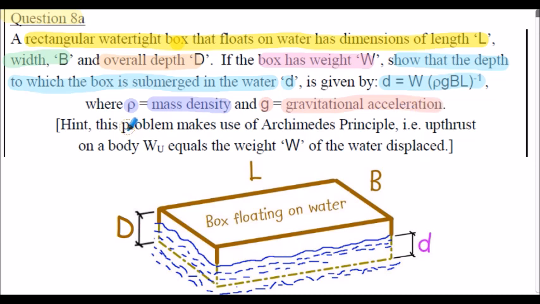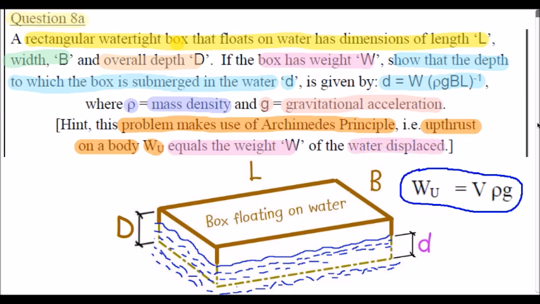There's a hint here that this problem makes use of Archimedes' principle, which we reviewed in a previous presentation. In other words, the upthrust on the body, labelled WU, equals the weight W of the water displaced. And upthrust WU is equal to the volume of the water displaced multiplied by ρ multiplied by g.